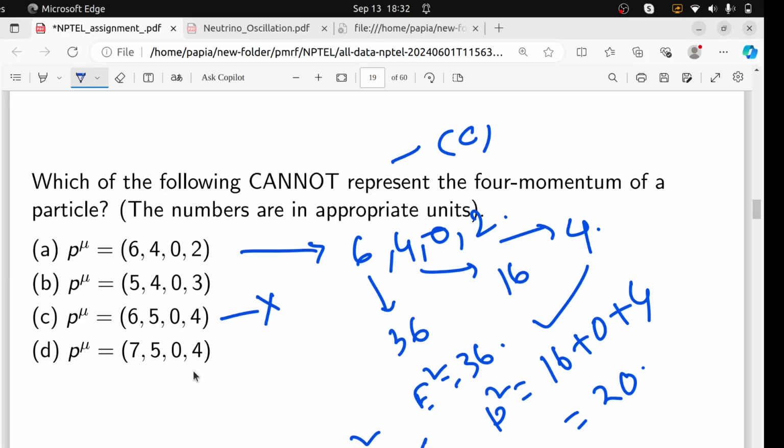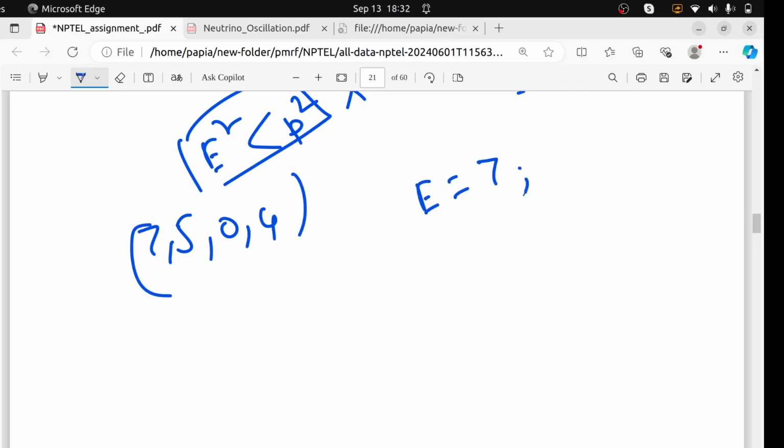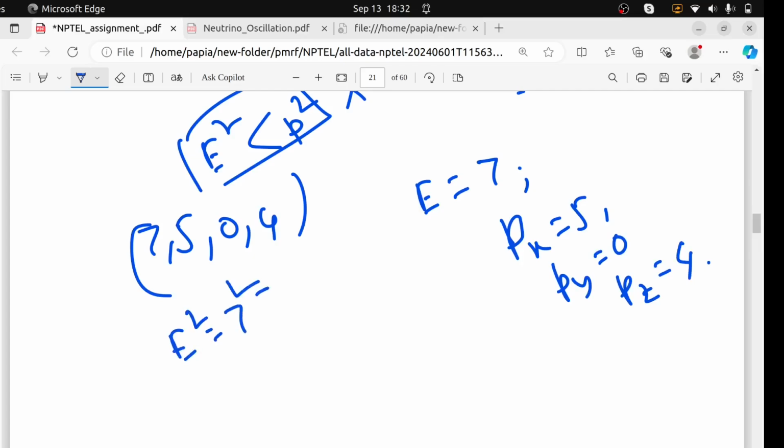Now coming to 7, 5, 0, 4, that we also have to check. So E is 7, Px is 5, Py 0, Pz 4. So E square equals 7 square, which is 49, and this is 25, this is 0, this is 16.